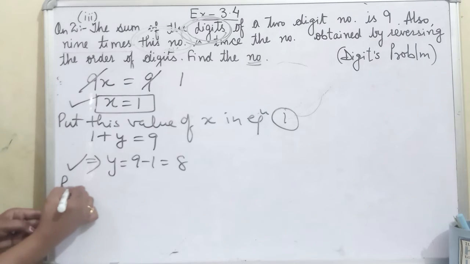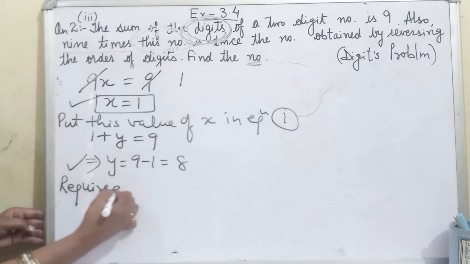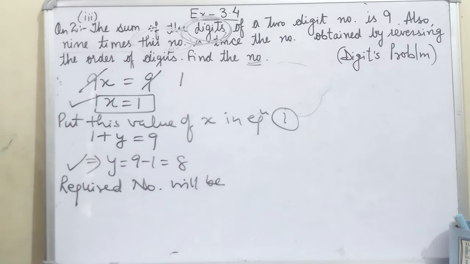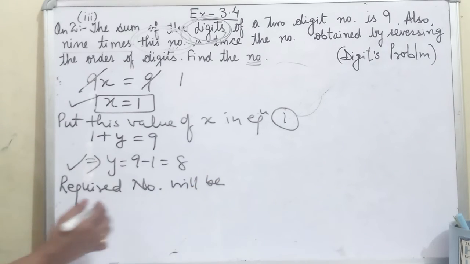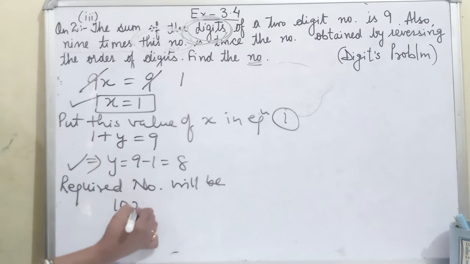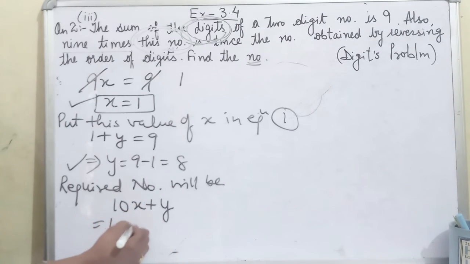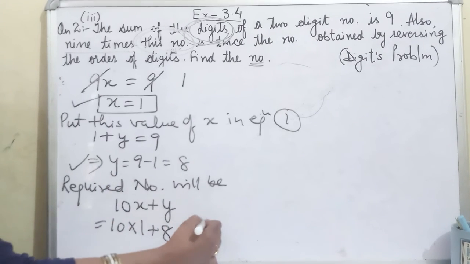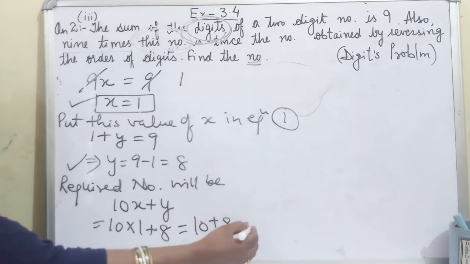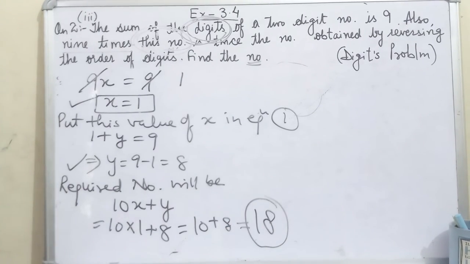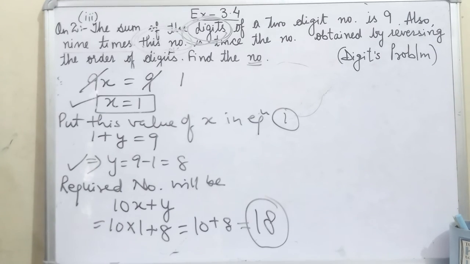So the required number, at the starting I told you the number is 10x plus y. So 10x, x means 1, plus y means 8, so it will be 10 plus 8 equals 18, and 18 is the required number.